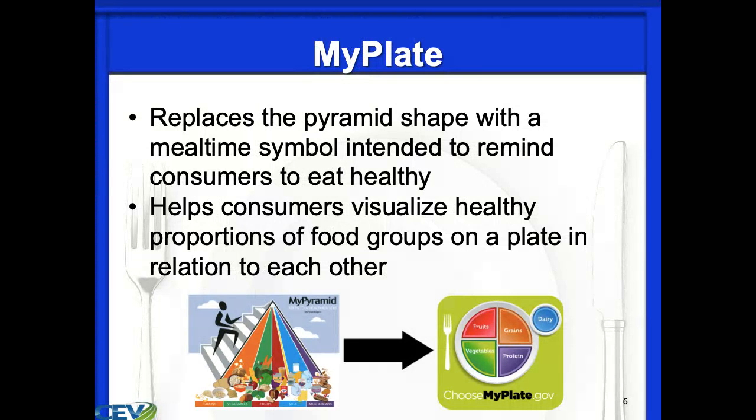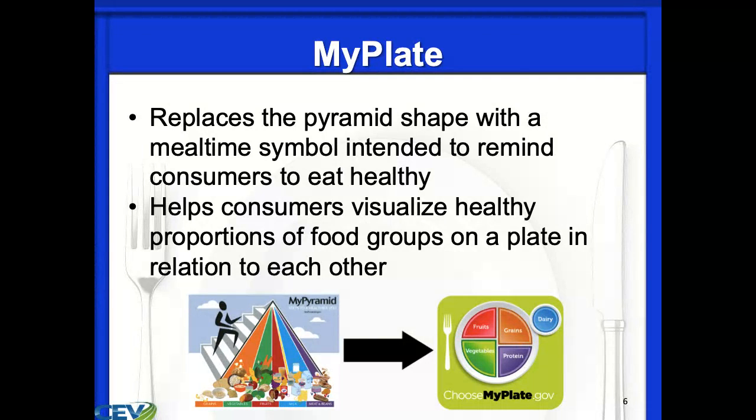Right? We talked about how it replaced the food pyramid. So if you look down here, the pyramid, yeah, it's nice, it's colorful, it looks appealing, and it has images so that you know what goes in each category. But in terms of knowing the actual amount and portion size that you should eat, it's a little bit tricky.